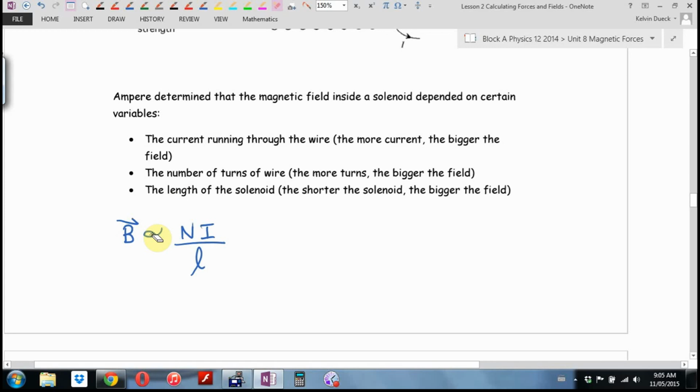He needed a constant. Very similar to big G, which was 6.67 times 10 to the negative 11. Very similar to k, which was 9 times 10 to the 9th. Here it is, folks, your last constant of the year. But it's one of the best ones. In fact, it does have, to me, the best name of any constant.